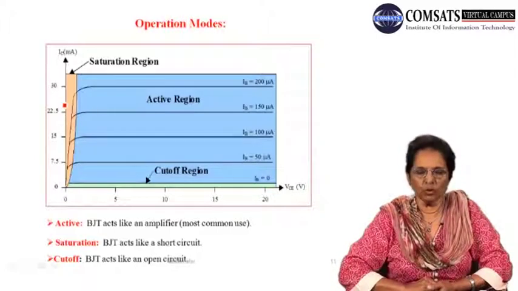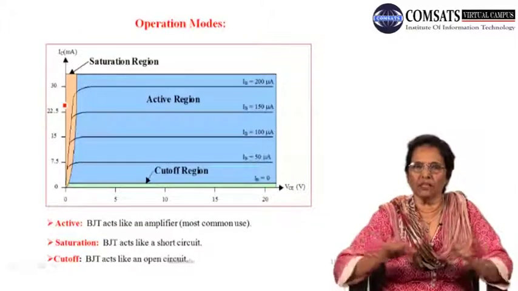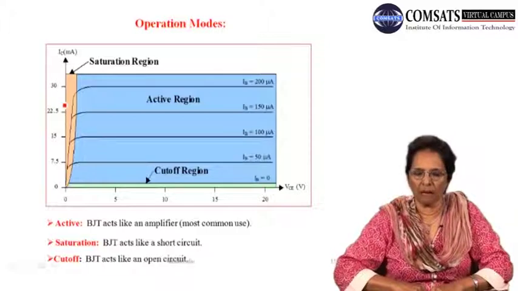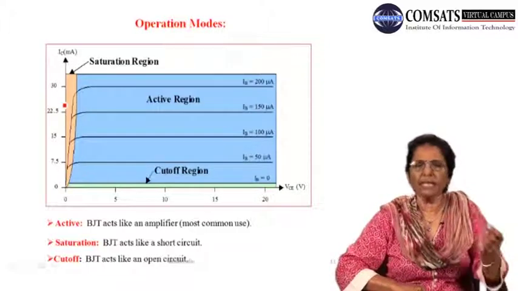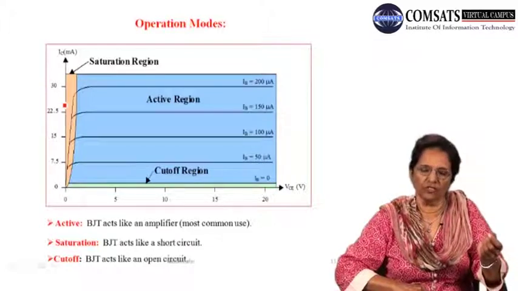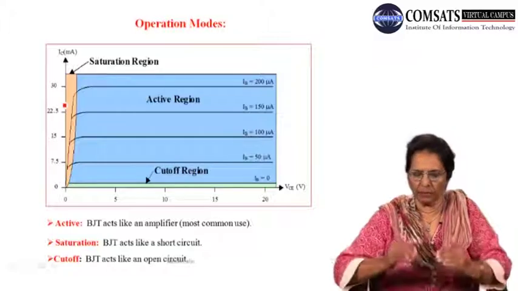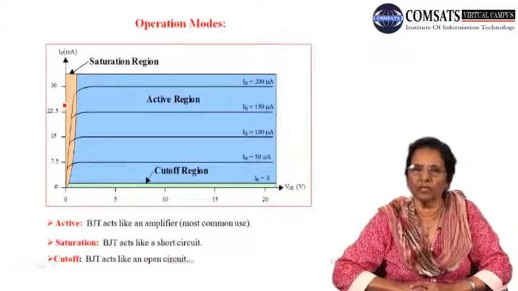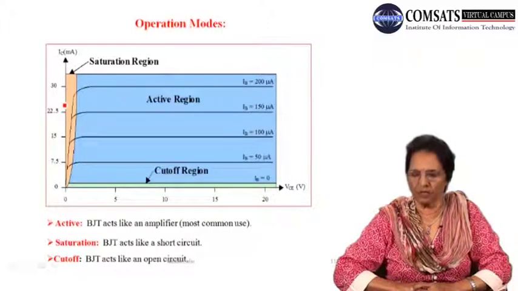transparency. So you see three different colors: a huge blue region marked as the active region of the output characteristic, then a small orange region marked as the saturation region, and finally at the bottom of the output current curves, you see a green region which is known as the cutoff region.